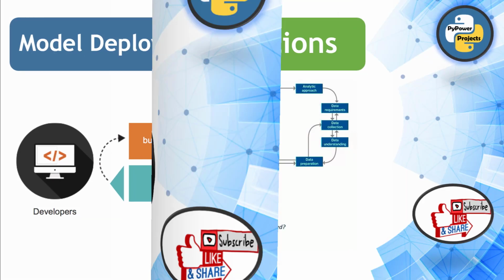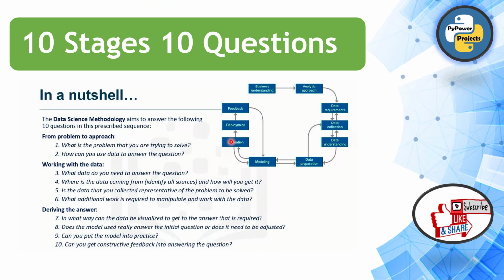We have converted the 10 stages into 10 questions which are being pasted. So these are 10 stages and 10 questions, from problem to approach. We have decided two questions: understanding the problem, then deciding the analytic approach, then going for data requirements, then collecting the data, then understanding the data, whether the data that we have collected is actually required to solve the problem.